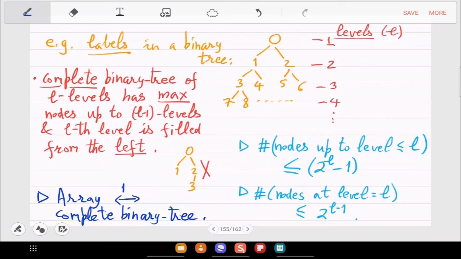Okay, so this is one-to-one. So given an array, there is a unique complete binary tree, and given a complete binary tree, you have the array. So for the array, you have to organize 0 to n minus 1 labels like above. Okay, always starting from the left.